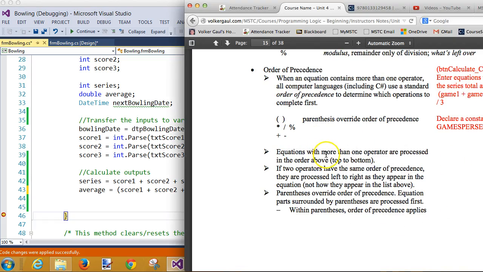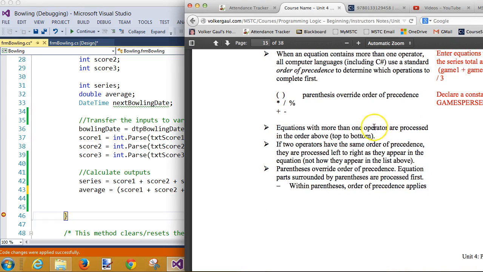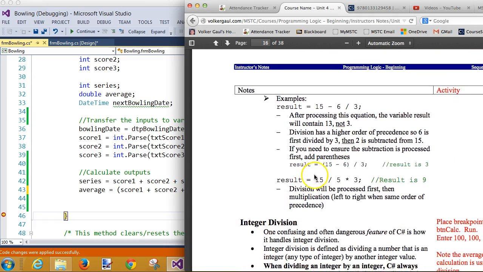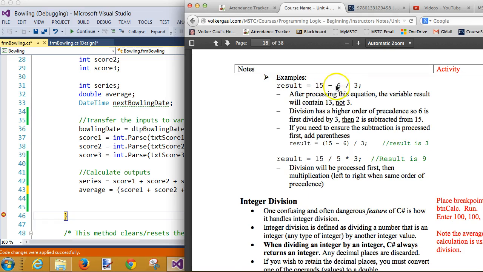Back to the notes. Equations with more than one operator are processed in the order above, this way. Parentheses override, yeah, we know that. Here's an example. 15 minus 6, that's 9, divided by 3 is 3. No, it's not. And your brain just does that if you're not careful.